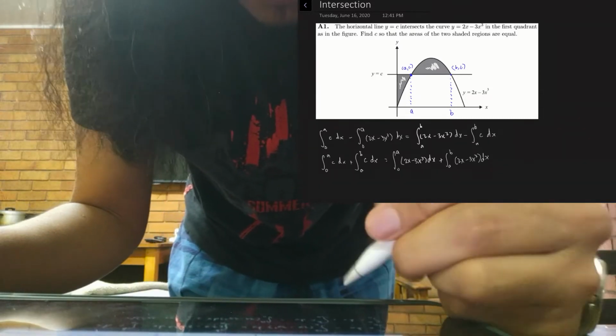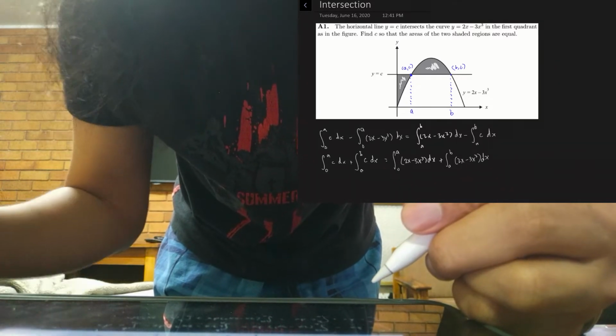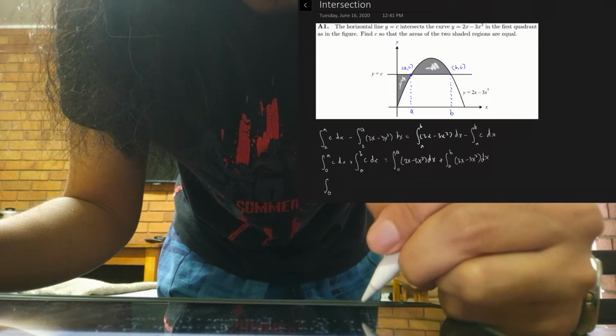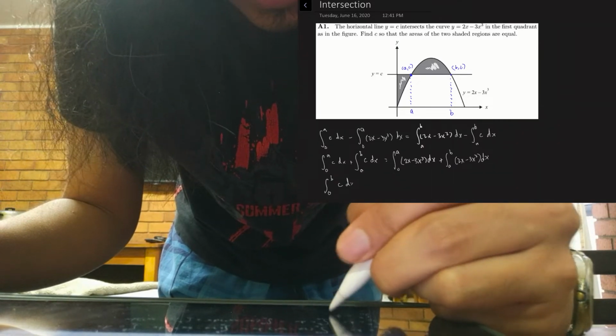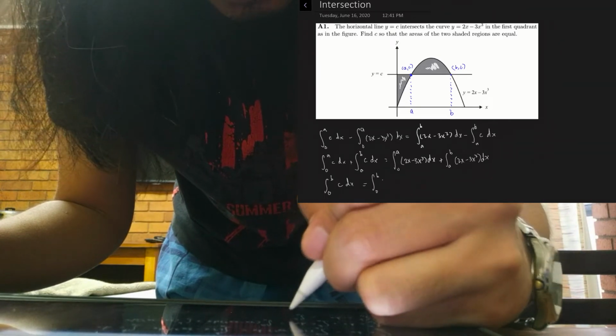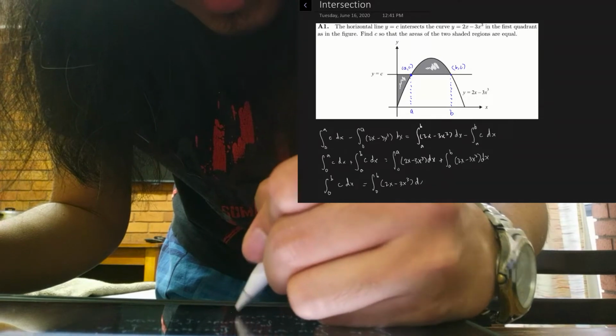The left hand side you can simplify, because the integral from 0 to a plus the integral from a to b of the same integrand just simplifies to the integral from 0 to b of c dx. Similarly on the right hand side, we have the integral from 0 to b of 2x minus 3x cubed dx.